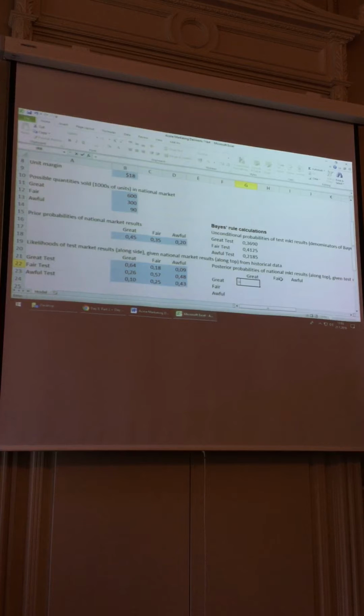We have to multiply P of great test given great market, I'm going to leave that one alone, times the prior probability. I need to anchor this on row 17, and we're going to divide that by the denominator that corresponds, and I'm going to anchor this on column G.